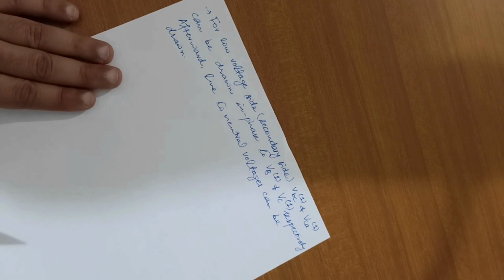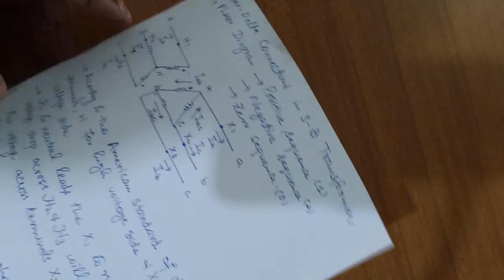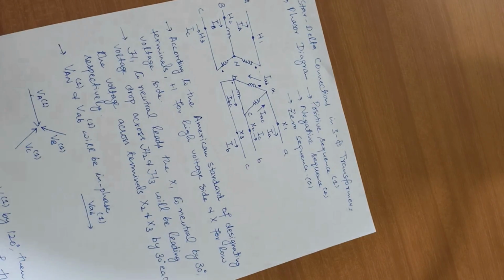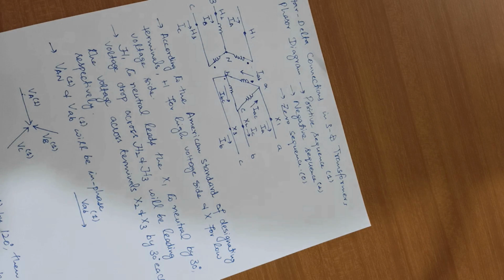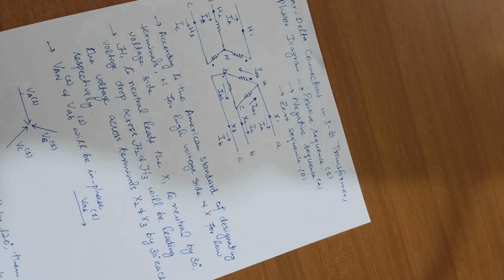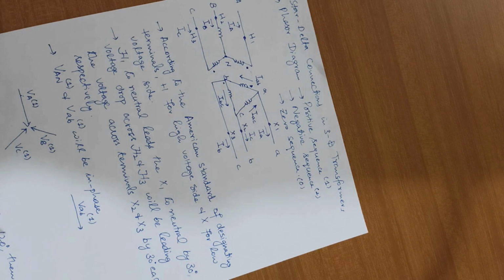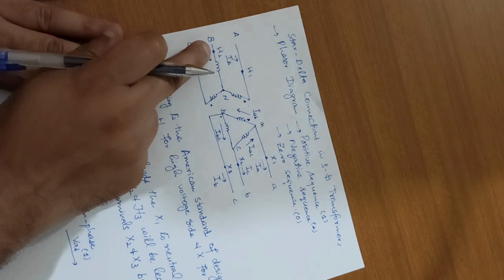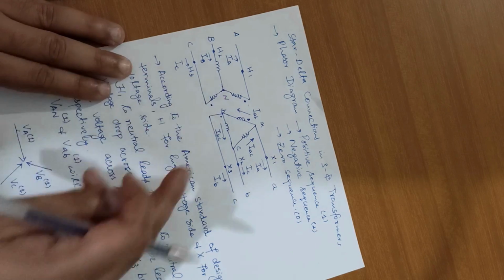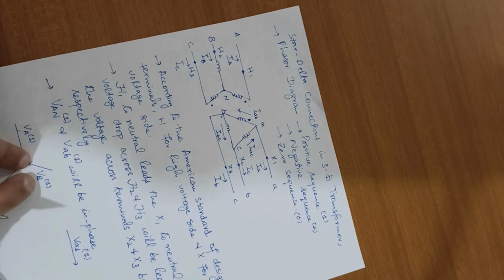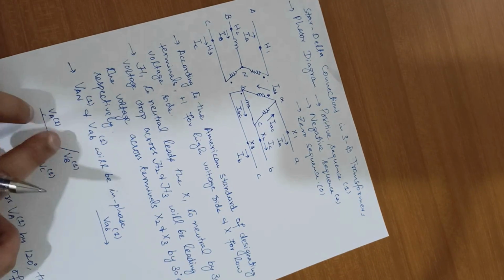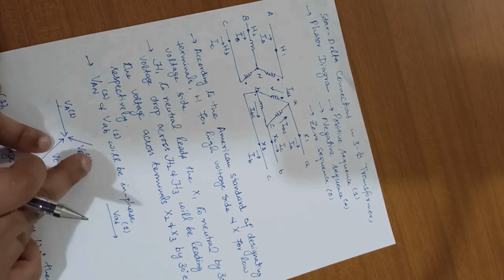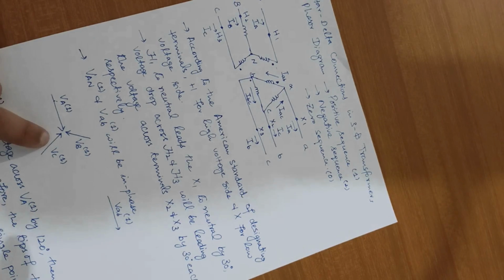Now we will implement this statement onto this vector, right? As I have said, VBC and VB1 are in phase, right? So VB1 is drawn at a 120-degree angle of difference from VA1.